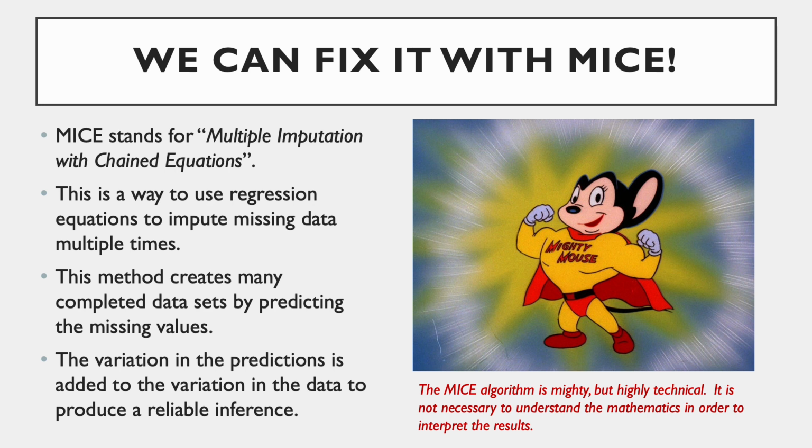We use this method multiple times so that we create multiple completed sets of data using various predictions. Then all of those completed data sets are combined, and the variation in the different predictions is added to the variation in the data itself, and that allows us to produce a reliable inference.